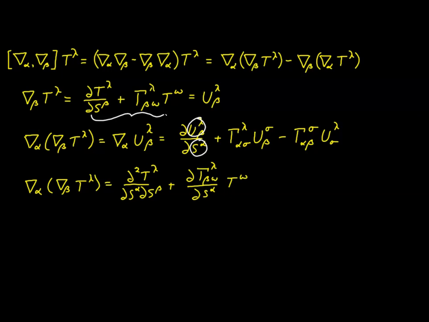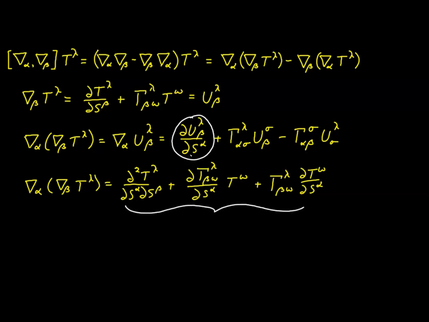And then I have the last term, which is gamma lambda beta omega times the partial of T omega with respect to S alpha. Okay, so you can see that this expression right here has now been equated to all three of these terms by simply taking the partial derivative of this expression with respect to S alpha.